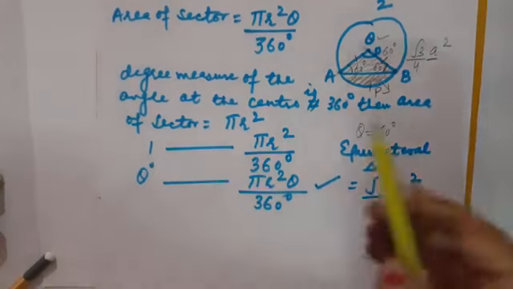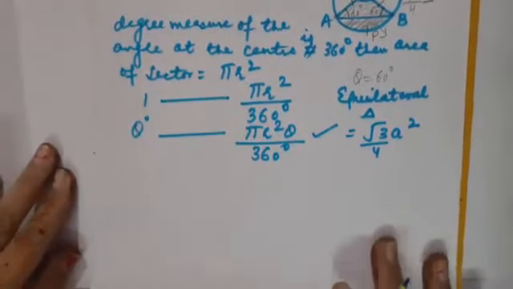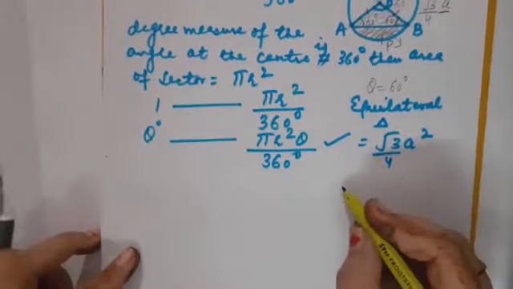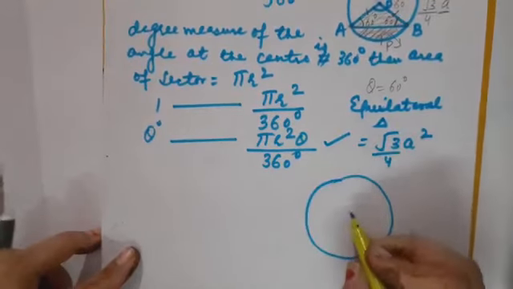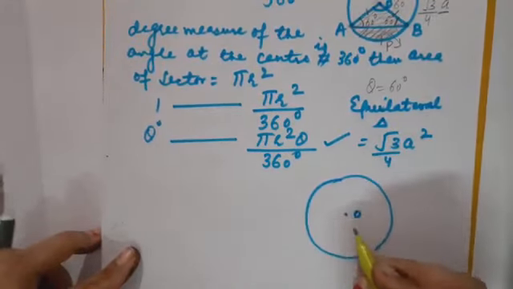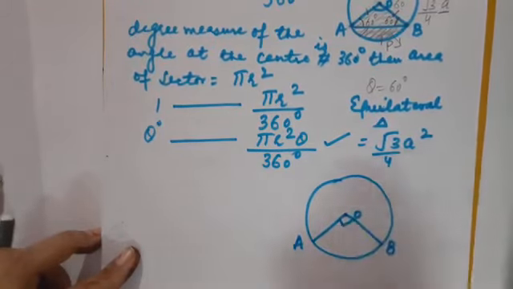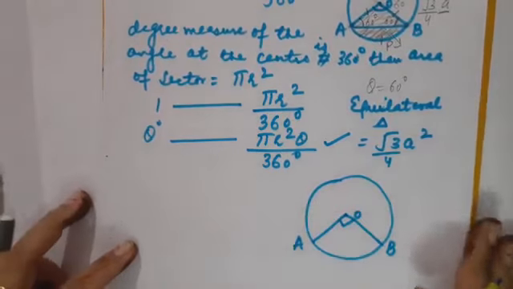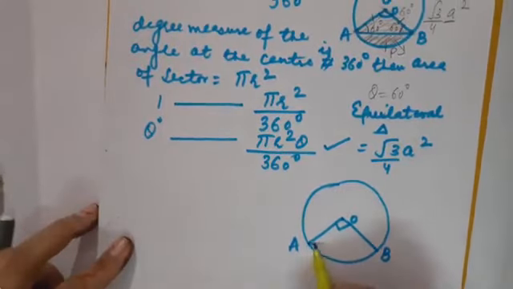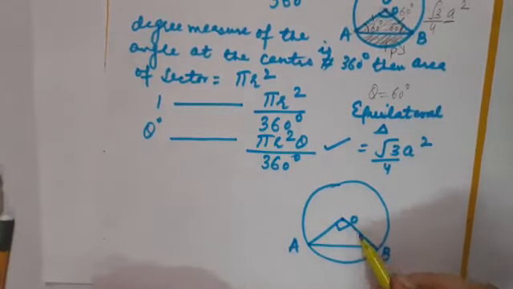But children, for example, if the center angle is of 90 degree, let us draw it once again. This is a circle. This is center point. Let it be point A and B. For example, this is forming 90 degree angle. Then how will you calculate the area of triangle AOB? Definitely you can consider either this OB as base and AO as height.